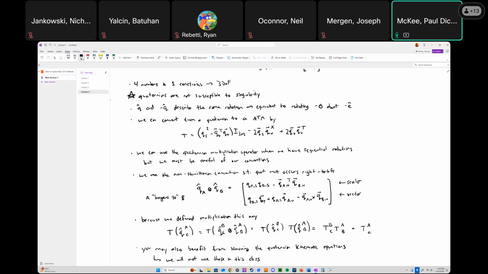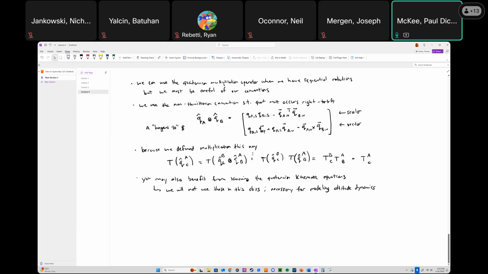They are necessary for modeling attitude dynamics. So complete tangent, if this helps you, great. If not, ignore it. This is something that I used in my research at one point.